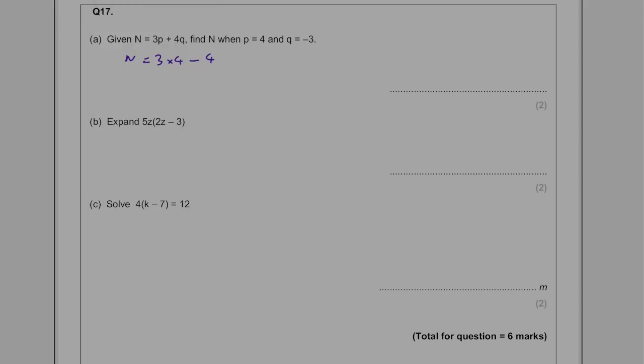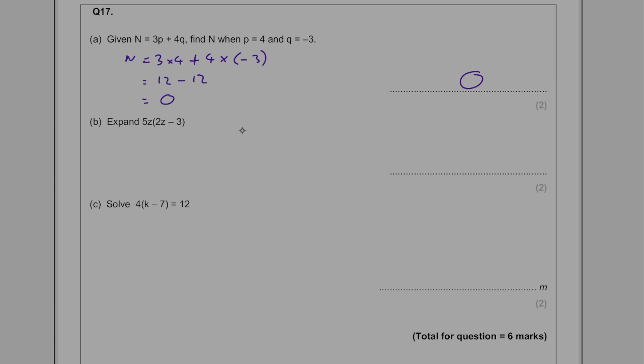I'll include my multiplication sign. So multiplied by minus 3, and I should have had a plus there, not a minus. Right, so 3 times 4 is 12, and then 4 times minus 3 is going to be minus 12, and then 12 minus 12 is 0. So 0 would be our value.